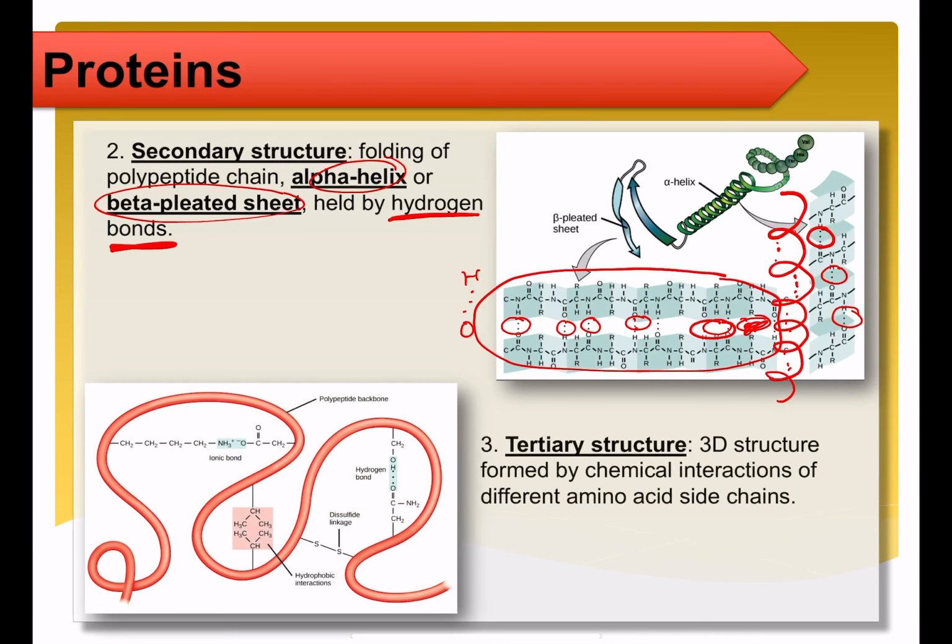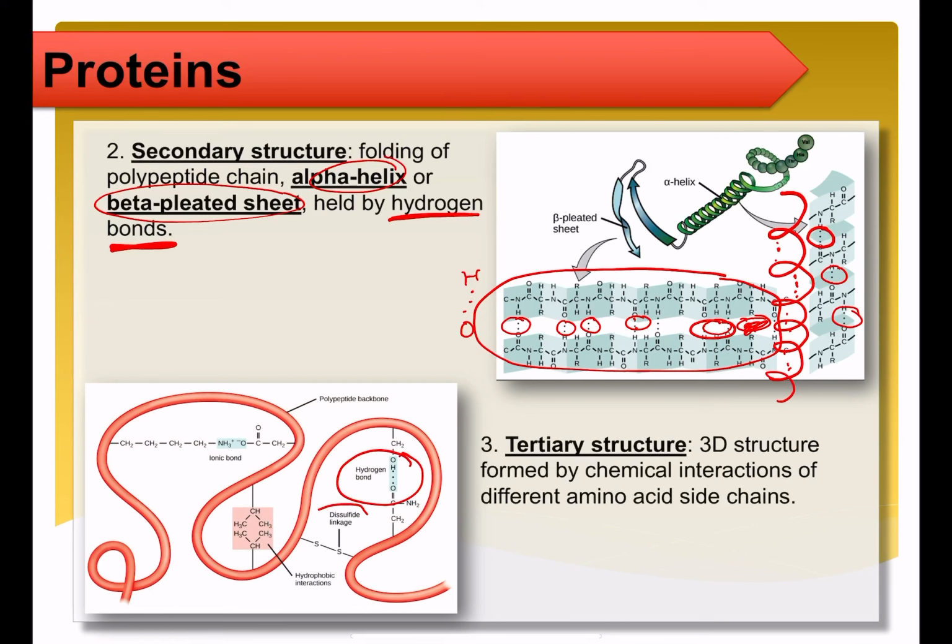Then the tertiary structure is formed by what we talked about earlier: the multiple variety of different types of chemical interactions or reactions that can occur between side chains of different amino acids within the protein molecule. So we talked about how we can form hydrogen bonds.